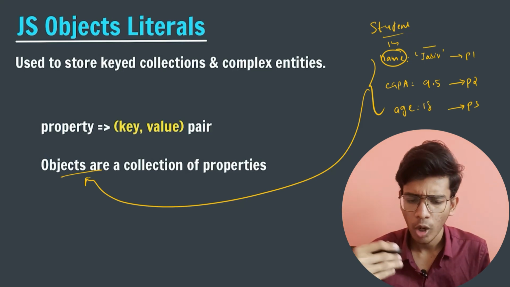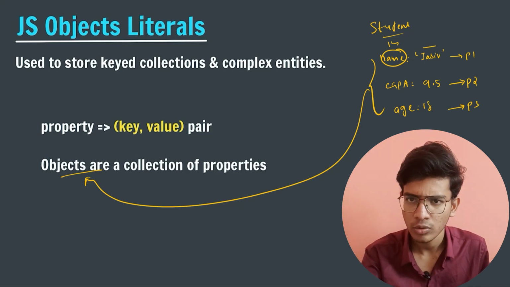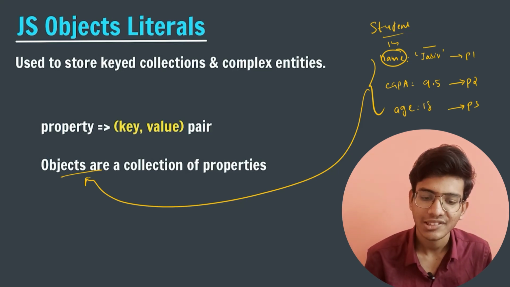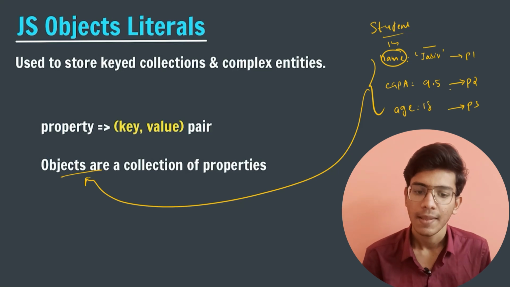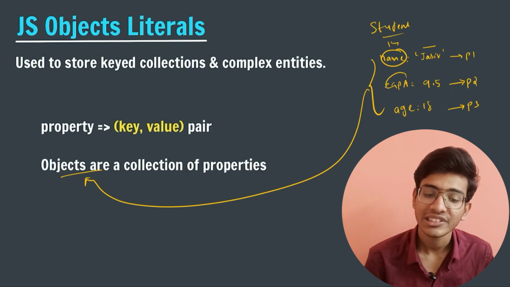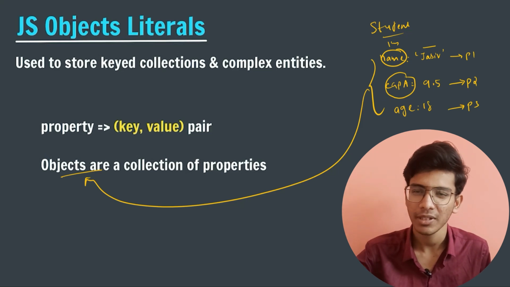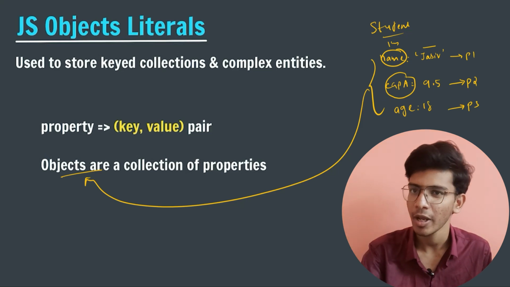So if you want to access a particular value, then you need the key of that thing. Let's say I want to access the CGPA of this particular student, then the key I should use is CGPA. This might be a little bit confusing, but give me a few minutes, everything will be all right.